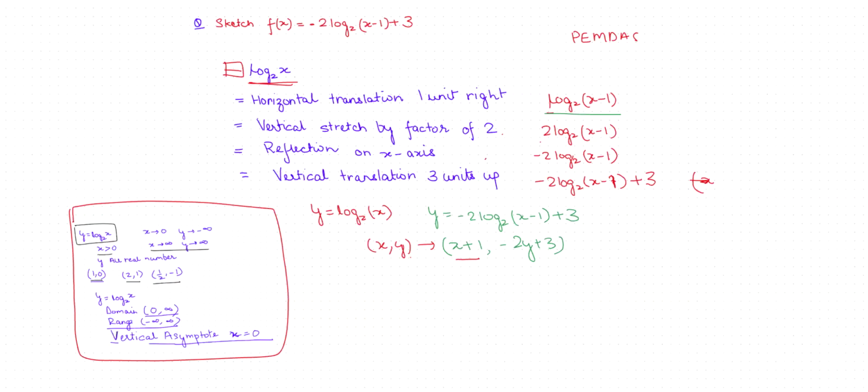So y will be multiplied to minus 2y, and then translation. So each y in this function will be multiplied by negative 2 and then added to 3. And each x of this function will be just added 1 in the new translated function. So let's find the values and try to graph it.